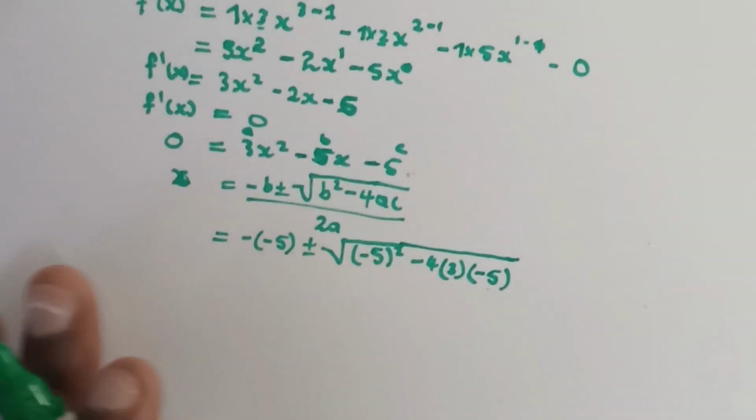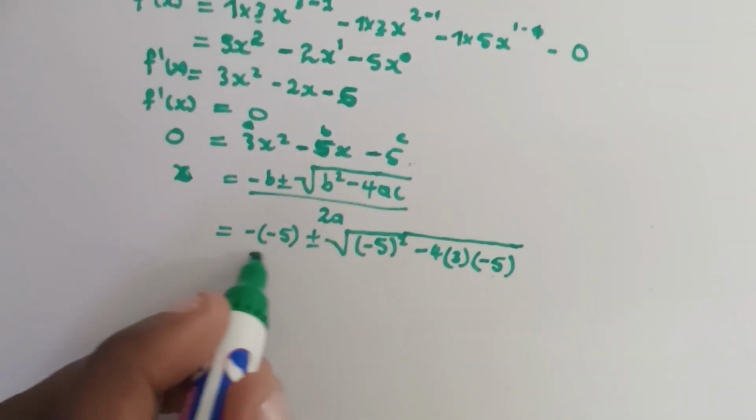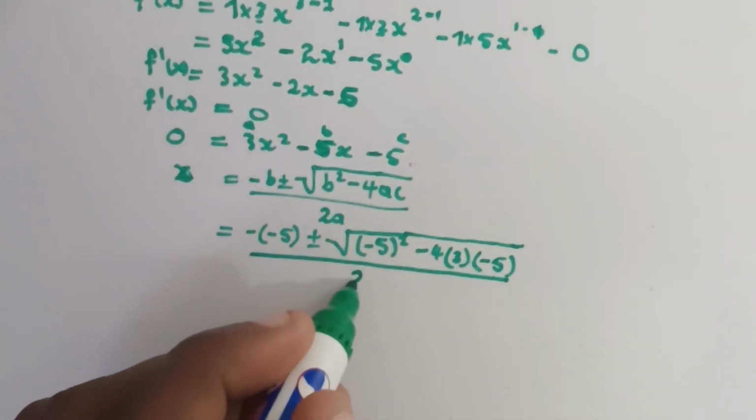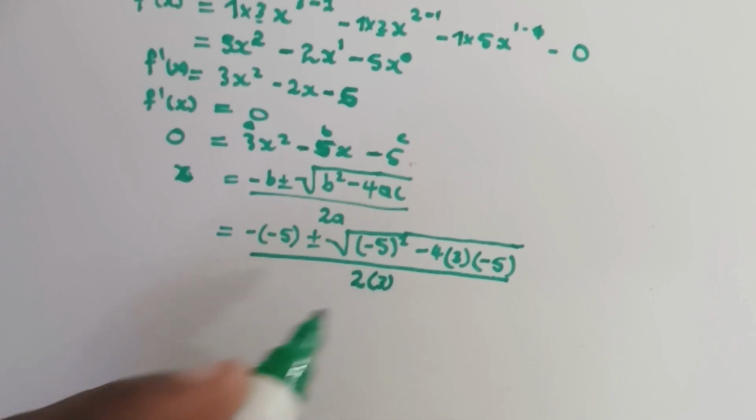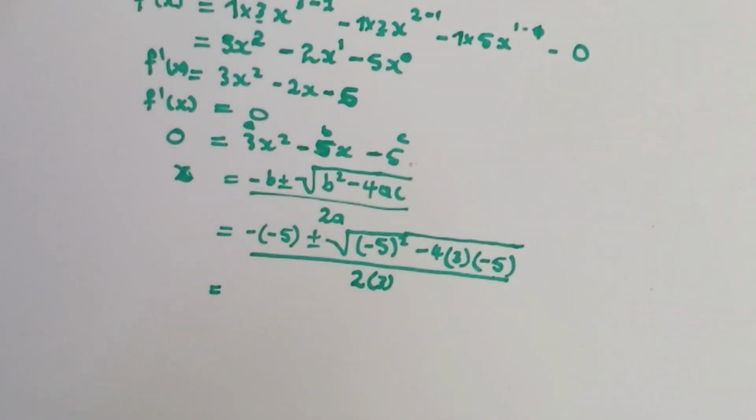Close that, and then divided by 2 into 3, and then let's punch in our calculator. Let's say here negative into negative 5 plus minus.